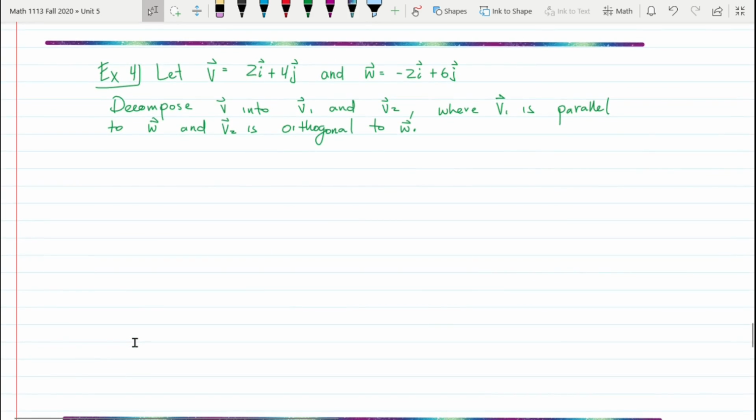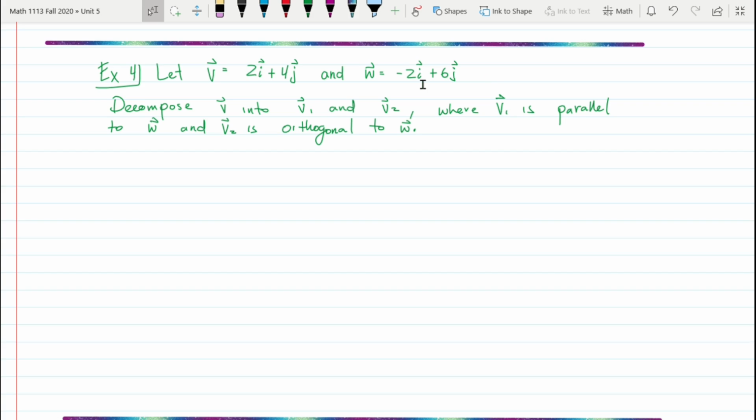Let's do an example and figure out those different components, right? So we're going to decompose, in other words, vector v into v1 and v2, right? And we're told that v1 is going to be parallel to vector w, so they're pointing in the same direction.